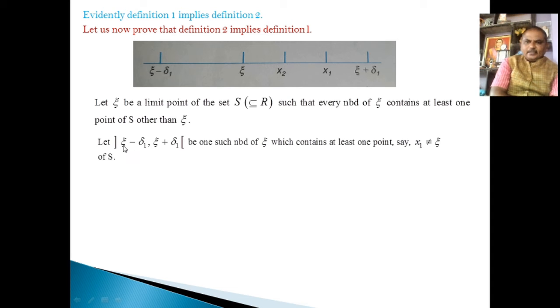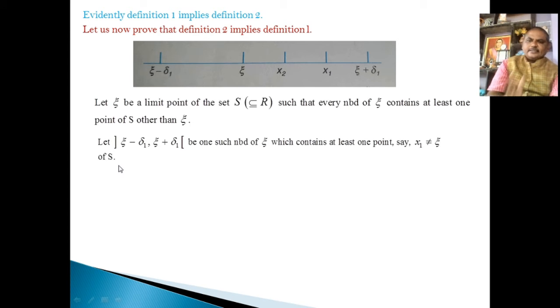Let the open interval (zeta minus delta 1, zeta plus delta 1) be one such neighborhood of zeta. This open interval contains at least one point of the set S, say x1, where x1 is not equal to zeta.